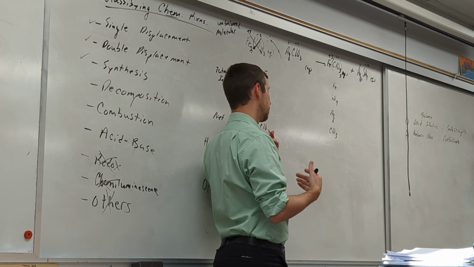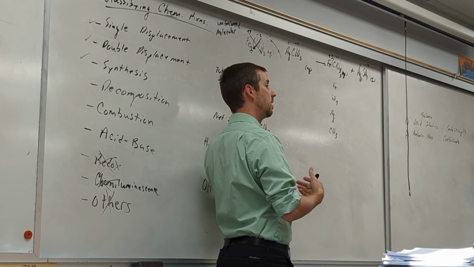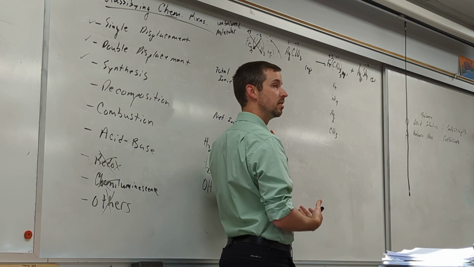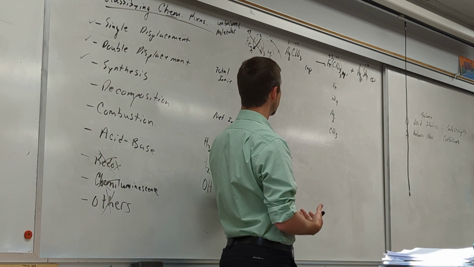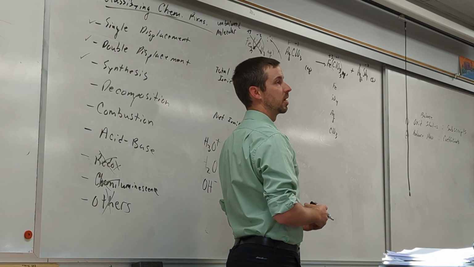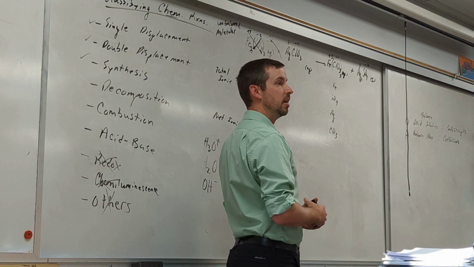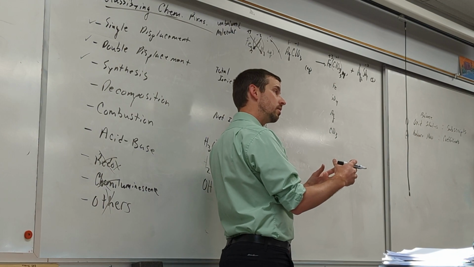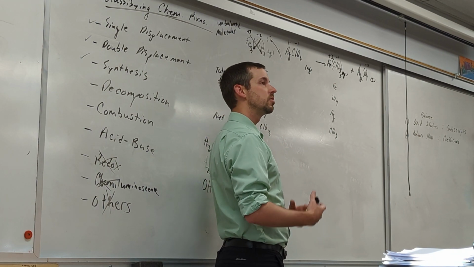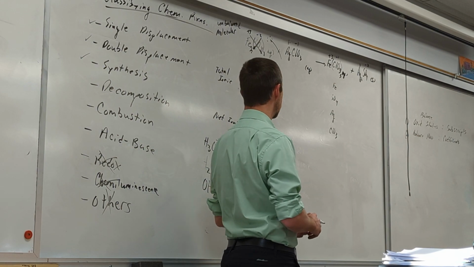If we balance the number of chlorines, is that the same thing as balancing the number of chlorates? No. Let me think about that. Does chlorine show up anywhere else other than in the polyatomic ion chlorate? No. Okay, so if we balance chlorate, we balance the chlorines. Fair? Right? So it's also just helpful to categorize things that way.